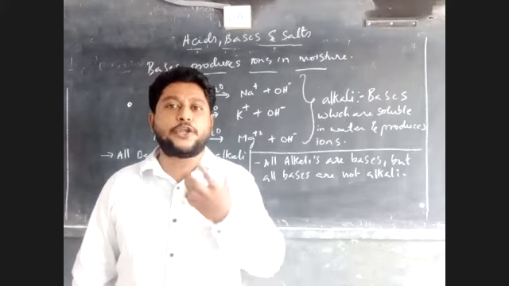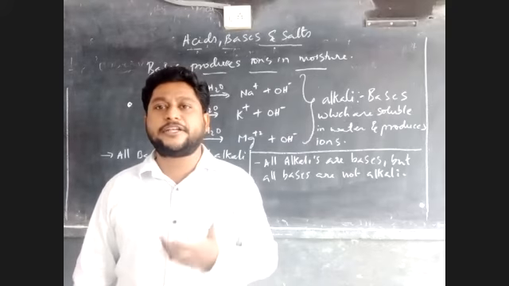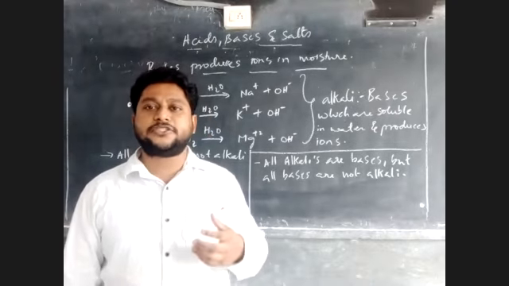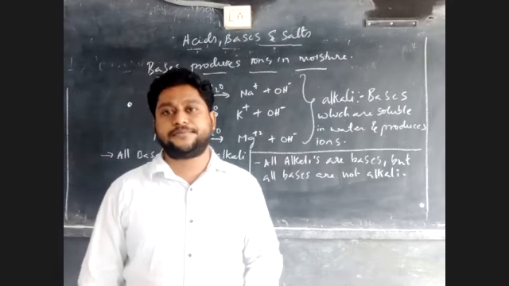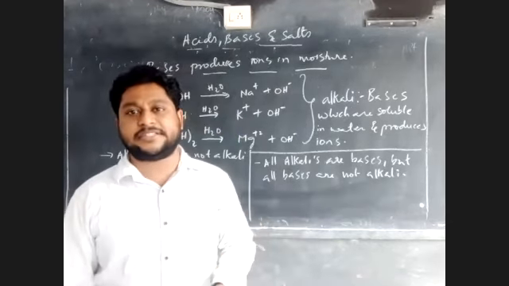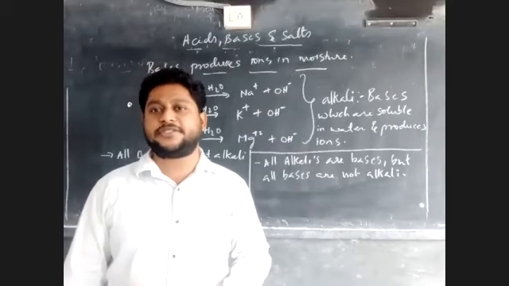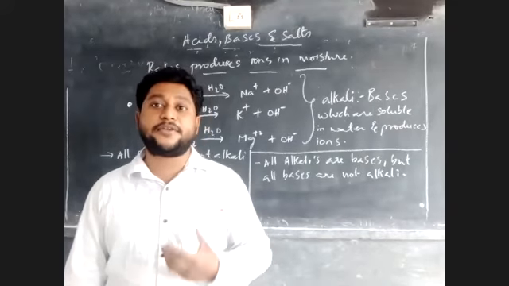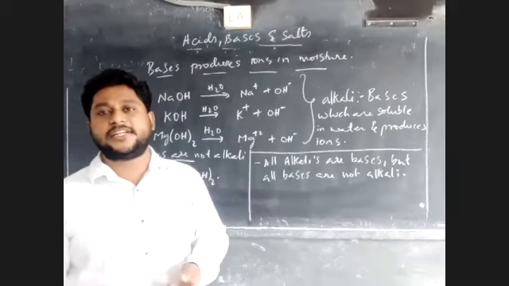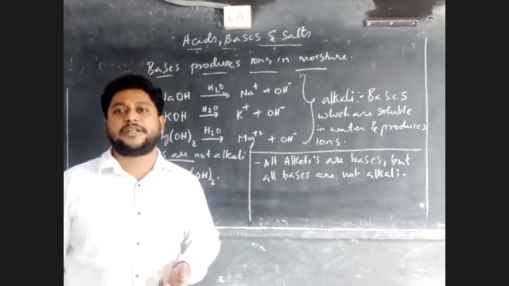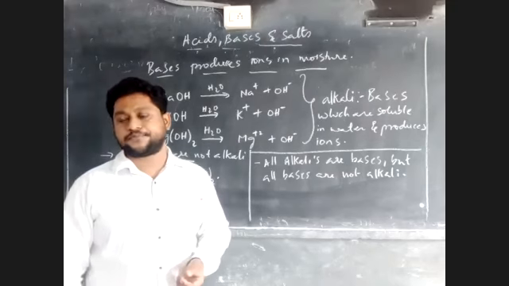It does not produce many H plus or H3O plus ions to change blue litmus paper to red. It changes, but not like HCl. It's a weak acid; the production of H plus ions is less. That's why we call it a weak acid.